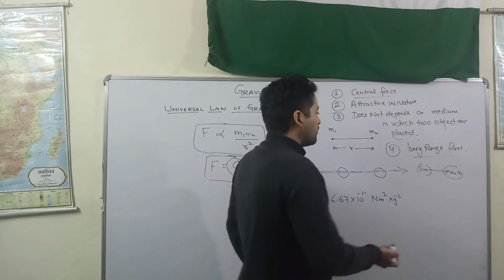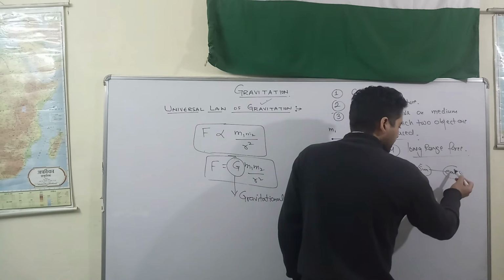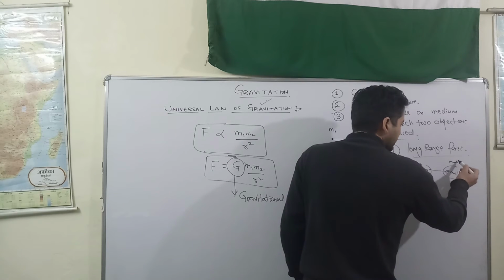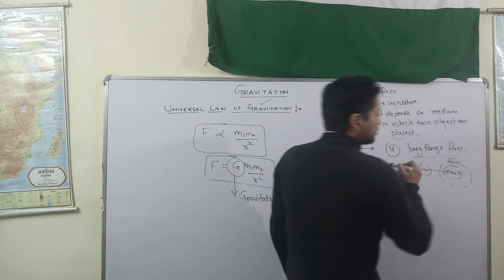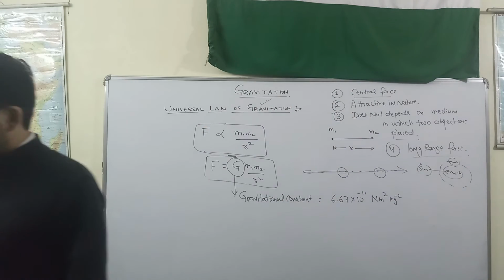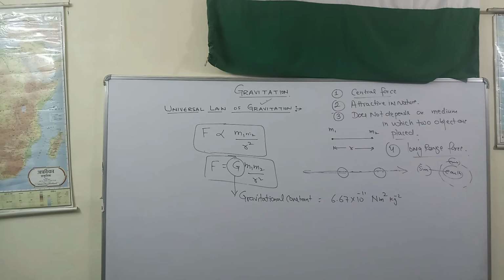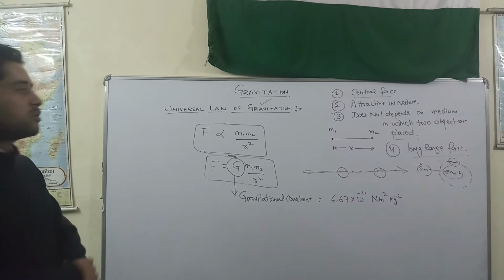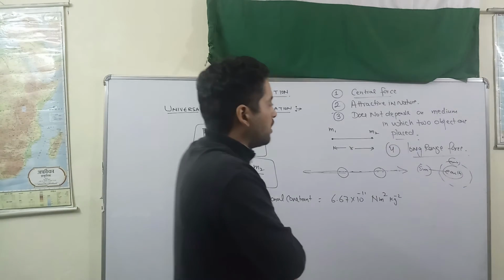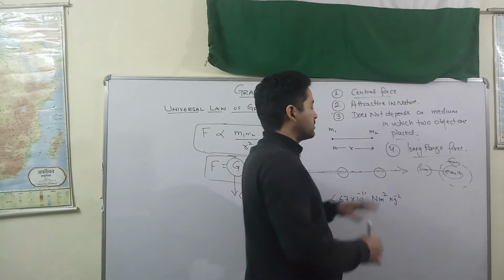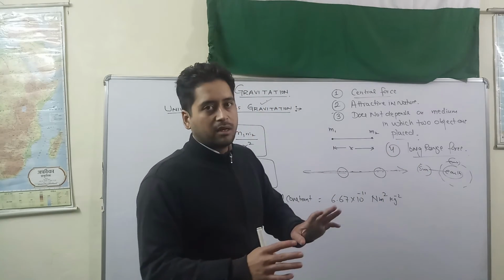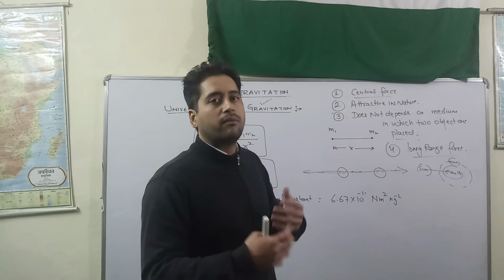One more example is the force between the earth and the moon, where the range is approximately 1.5 into 10 raised to power 8 kilometers. For a very long range, the force acts.